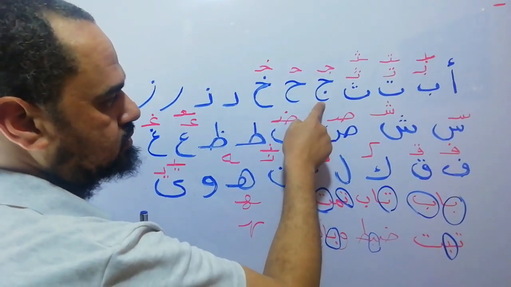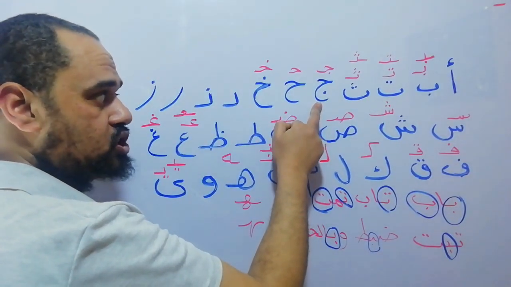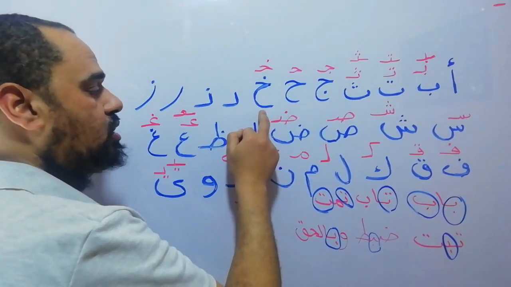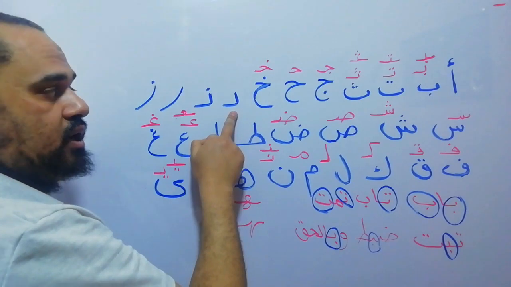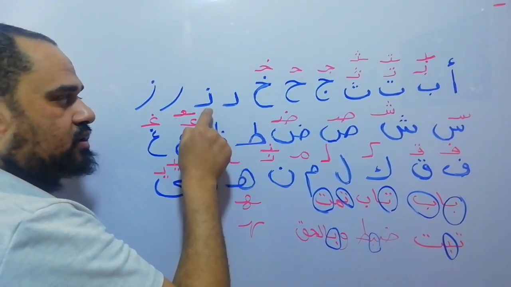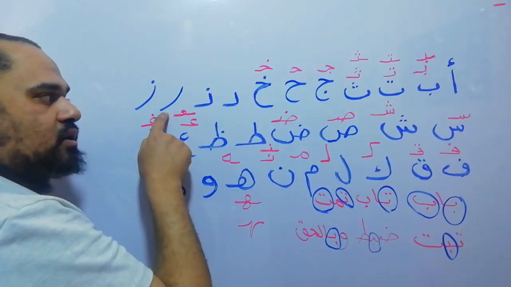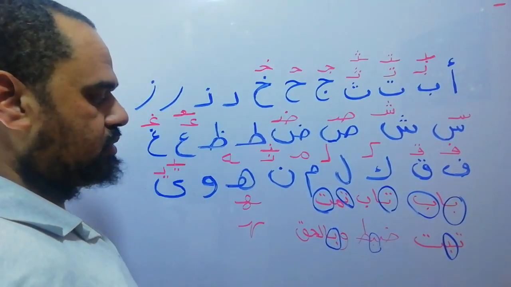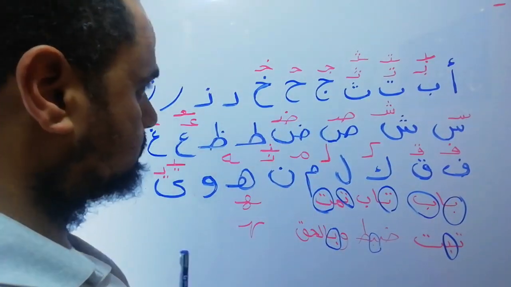Now, جيم, حاء, خاء, دال, ذال, راء, زاي. Let's take some examples of حرف الجيم.